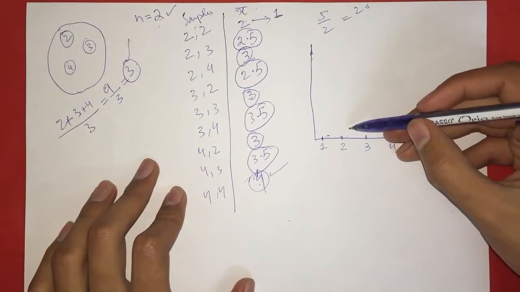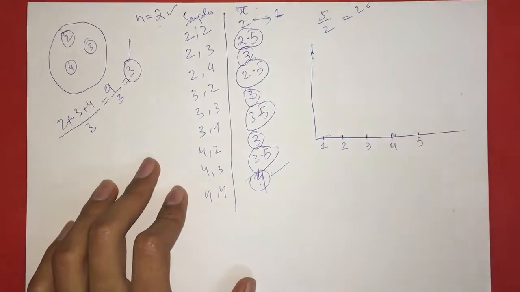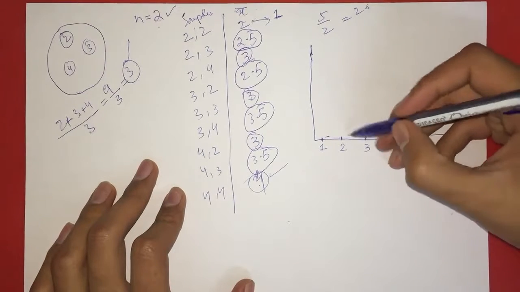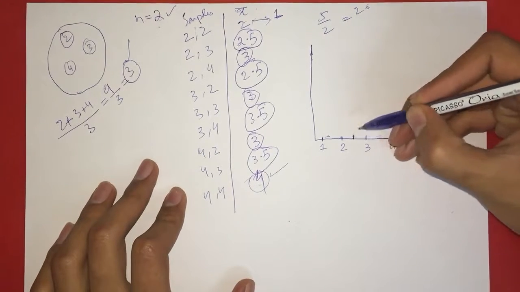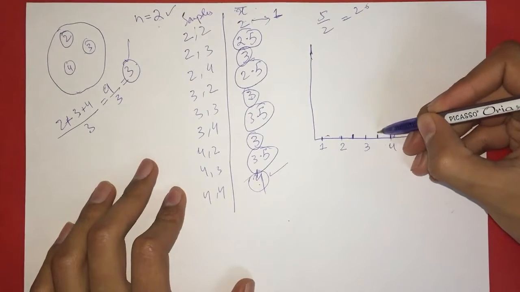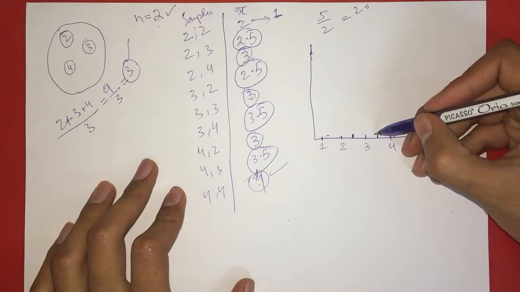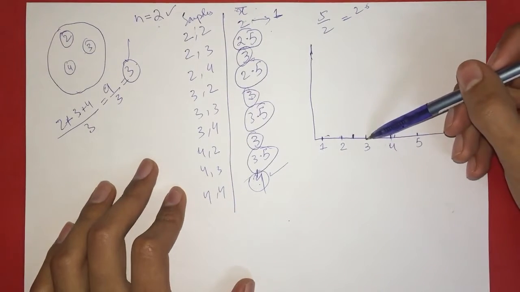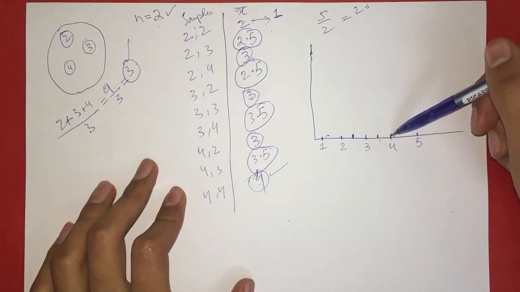Here you have 2, 2.5, 3, 3.5, and you have 4.